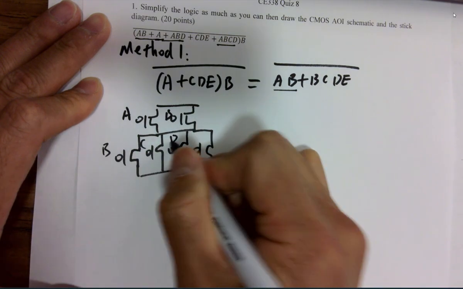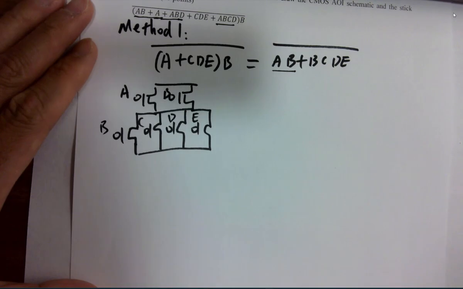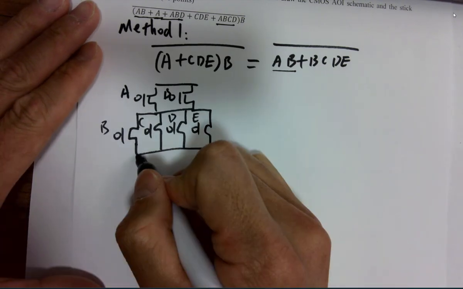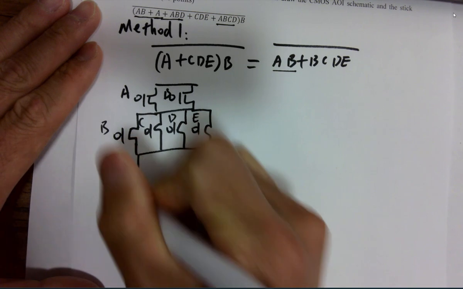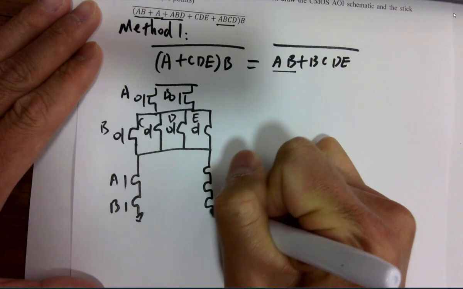B, C, D, E. And here will be AB, B, C, D, E.